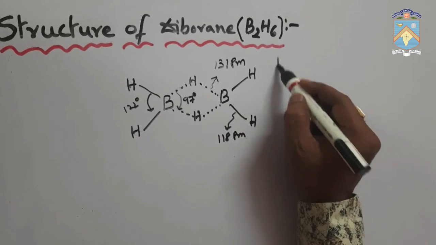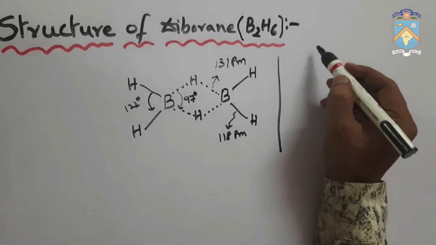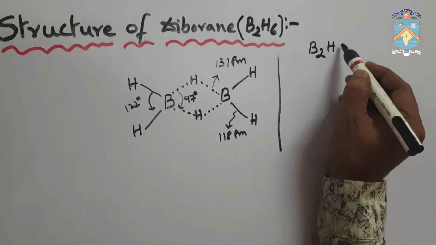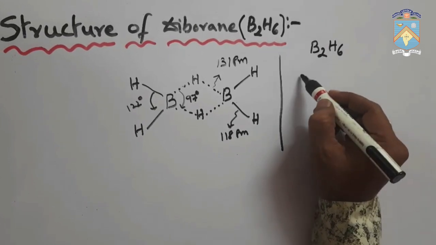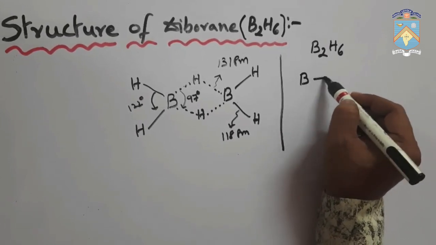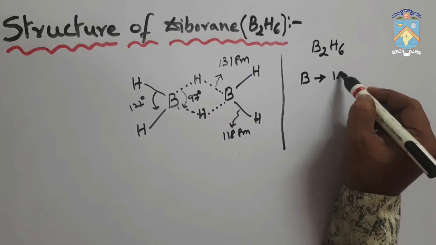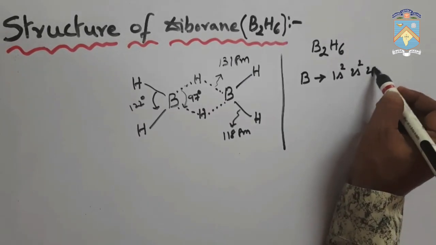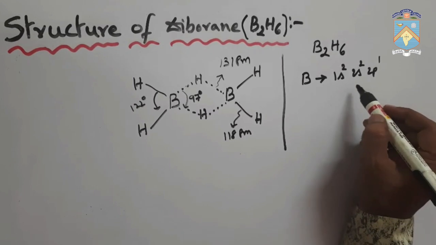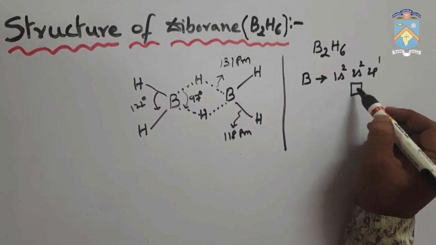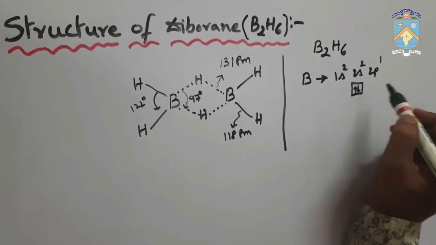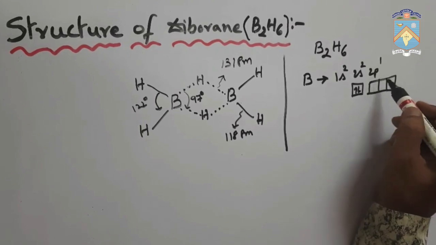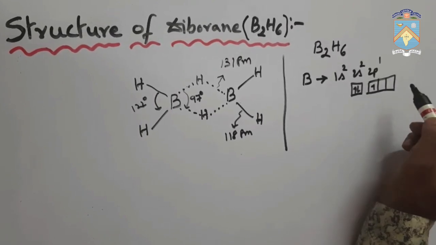So in diborane, the central atom is boron. The atomic number of boron is 5 and its electronic configuration is 1s2, 2s2, 2p1. If we write the box representation, it is 2s2 electrons like this, and 2px1, 2py0, 2pz0.